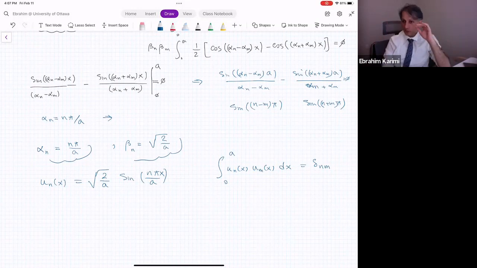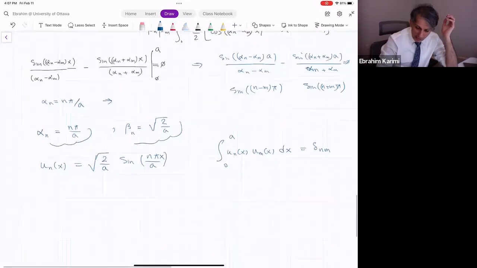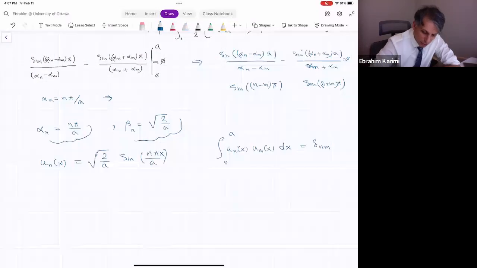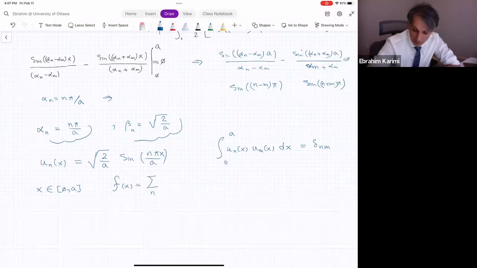I can give you 100 problems like this just to tell you to build up orthogonal functions in a specific domain. And it's good to learn, because sometimes when you do research activity, you have to be a little bit creative and think about something new. And remember that based on the discussion that we just had, if x is between 0 and a, any function f of x can be expanded in terms of these new functions that you define, which is the sum of Cn times u n of x.